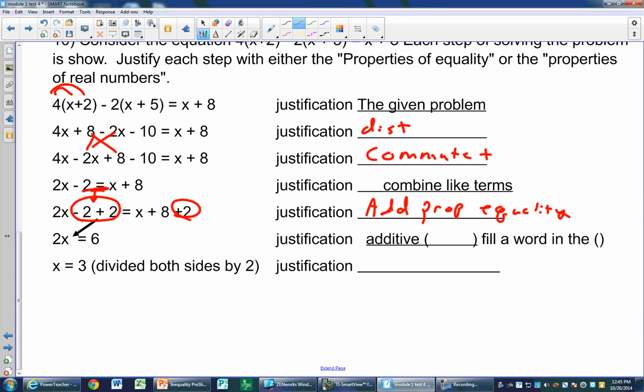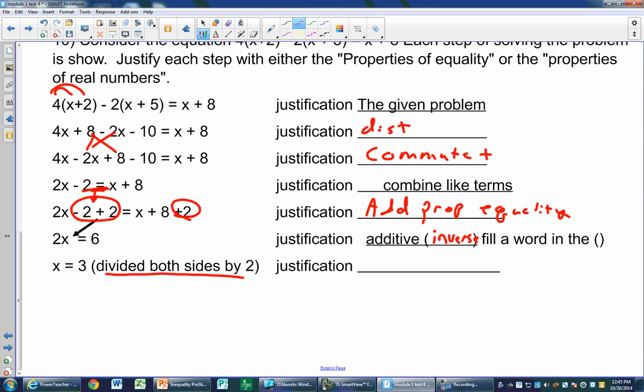Okay, so we have to fill in the word here. What's happening to the minus 2 plus 2 that it becomes nothing? They are additive inverses of each other. Opposites. We're adding the opposite. We're adding negative 2 and positive 2 together. Okay, so I divided both sides by 2.